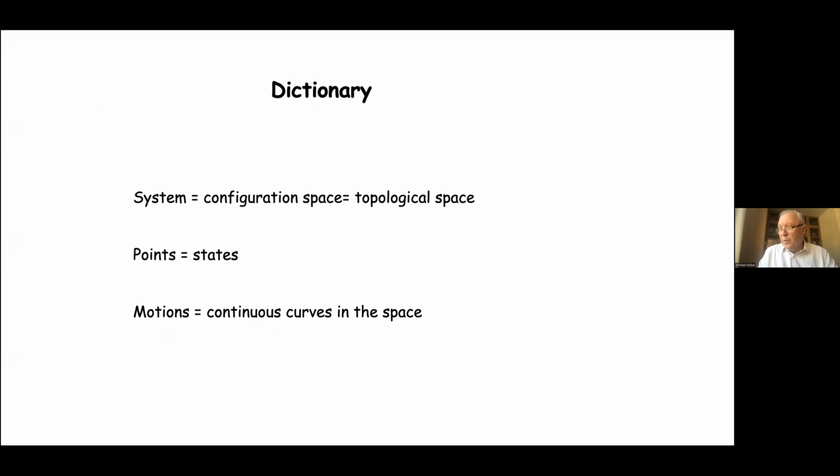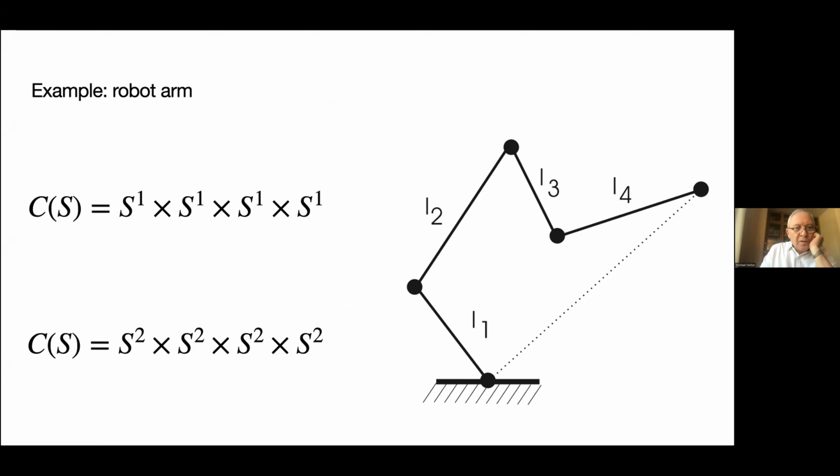So looking mathematically at what motion planning is, or what the control of a system is, we can say that the system is just a topological space, points are states of the system, and motions of the system are curves in the space. So this is an example, a robot arm, which is a very important mechanism. Here you can see a robot arm with 4 bars.